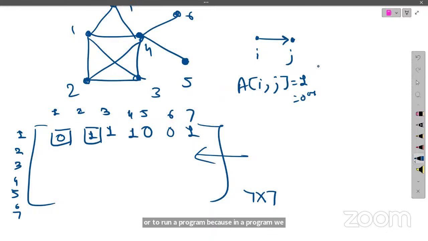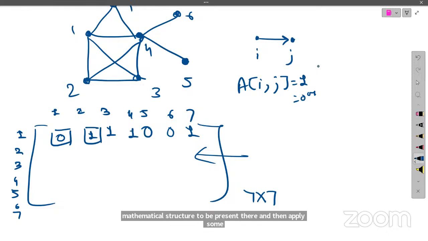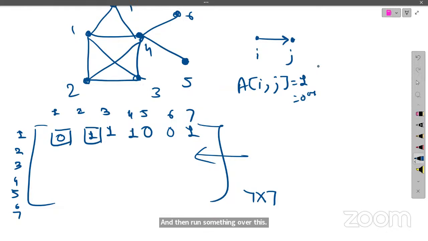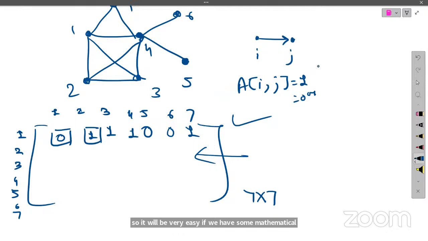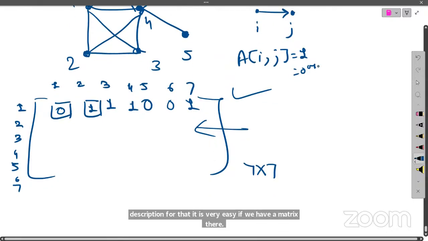We cannot put a picture and tell it to compute. We cannot run any algorithm or program over a picture. That will be very difficult. It is very easy if we have a mathematical description, and it is very easy if we have a matrix. That's why we are describing a matrix related to a graph.